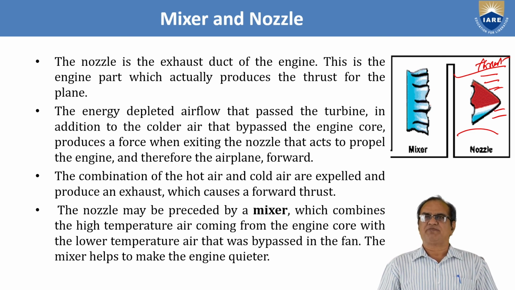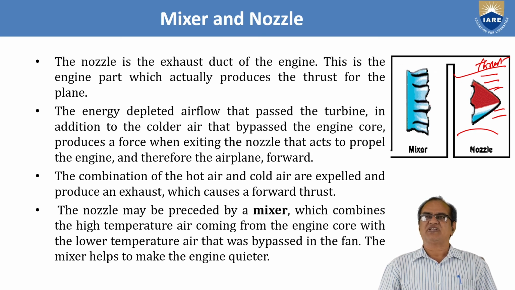The energy depleted airflow that passed the turbine, in addition to the colder air that bypassed the engine core, produces a force when exiting the nozzle that acts to propel the engine and therefore the airplane forward.